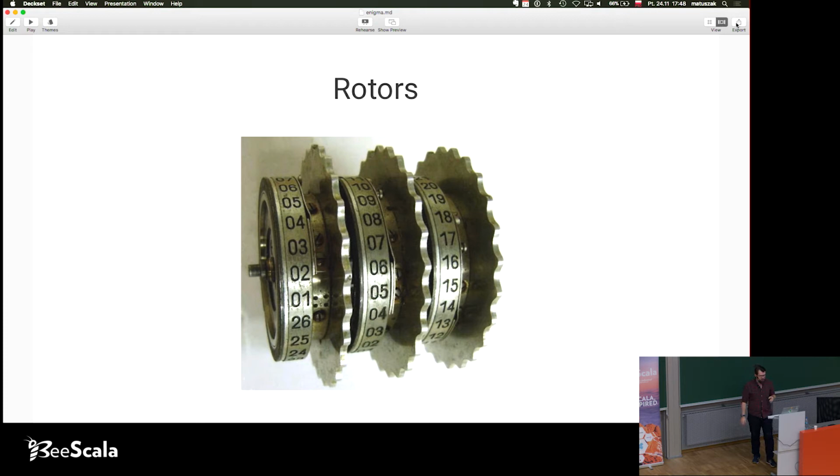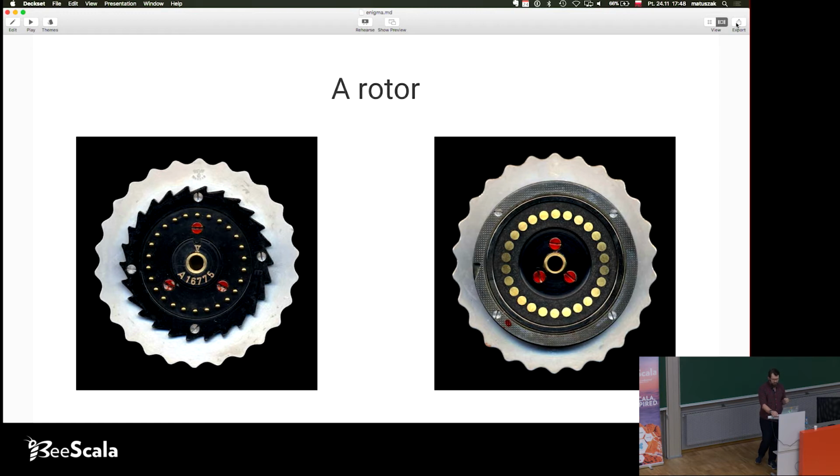They rotate in both directions, and they are built this way that they have input and output pins. On one side you have a small notch, and on the other side there is a spot, and they are connected, but not like A to A, but in different ways. For example, A can be connected to Z, B can be connected to W, and so on.